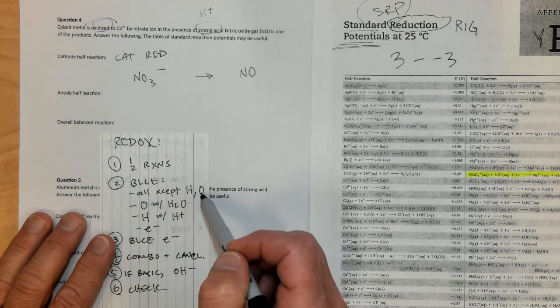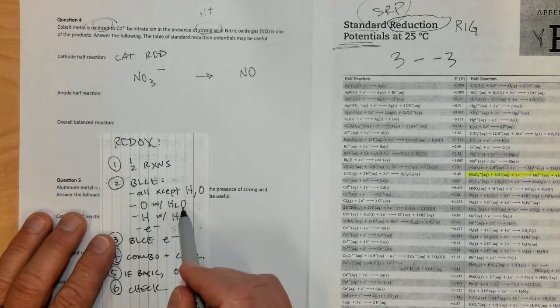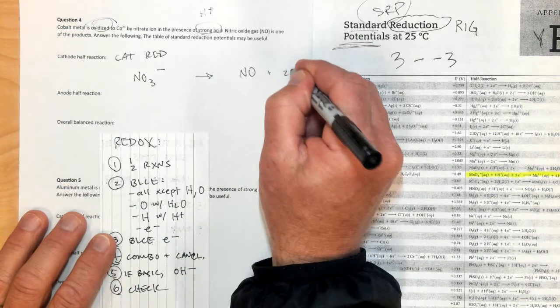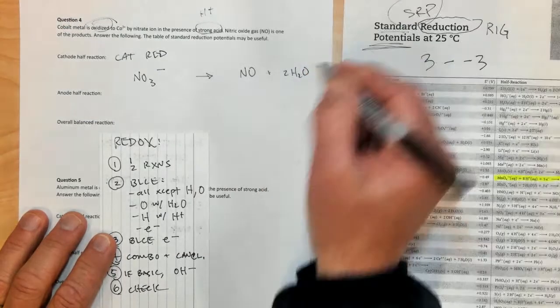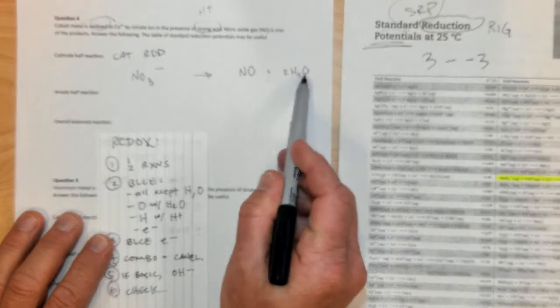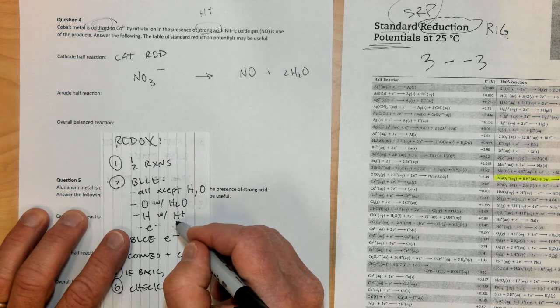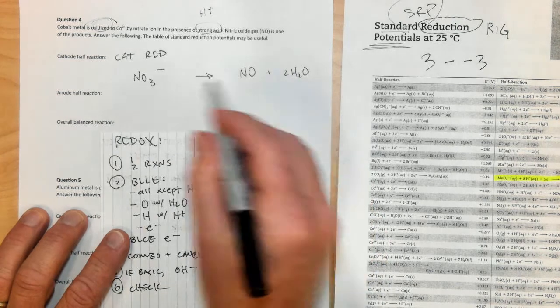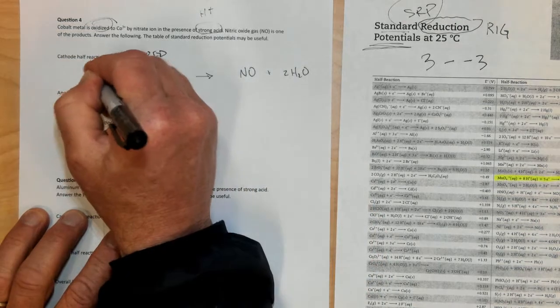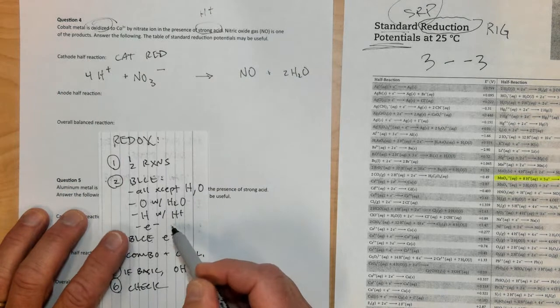Balance everything except for hydrogen and oxygen. Balance the oxygens with H2O, so plus 2 H2O right here to get 2 more oxygens. 2 plus 1 is 3, which gives me 3's right there. Balance the hydrogens with H+, so I have 4 hydrogens right here, so I'll need 4 H pluses right here.